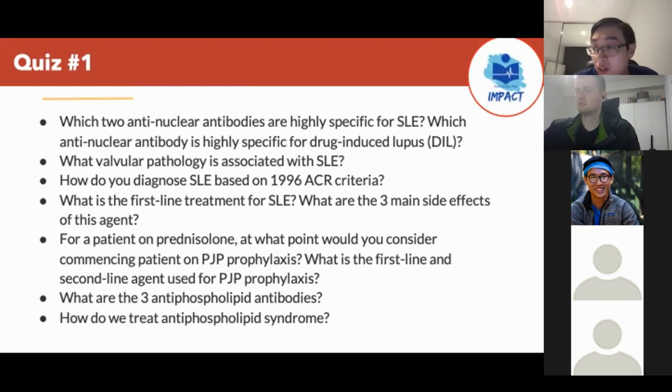What's the first line treatment for SLE? Absolutely. Hydroxychloroquine.